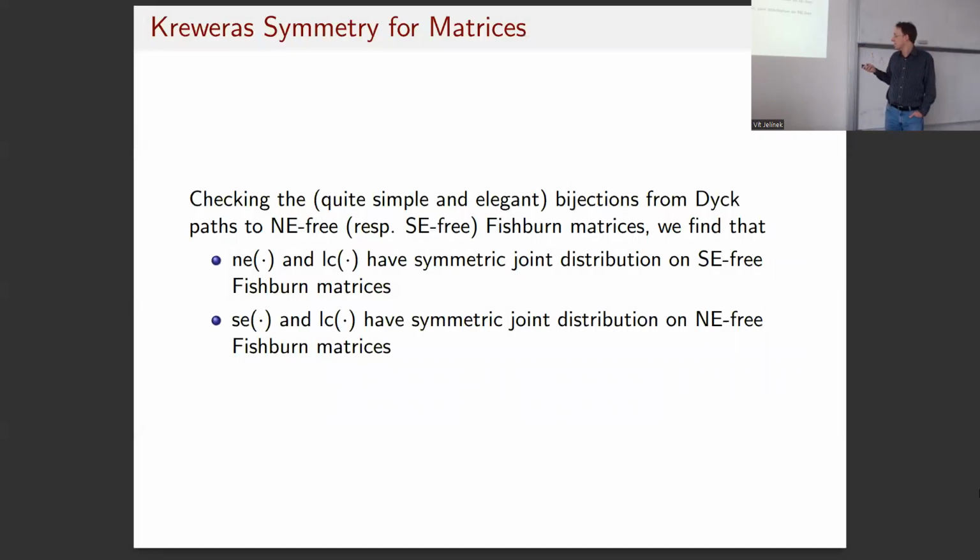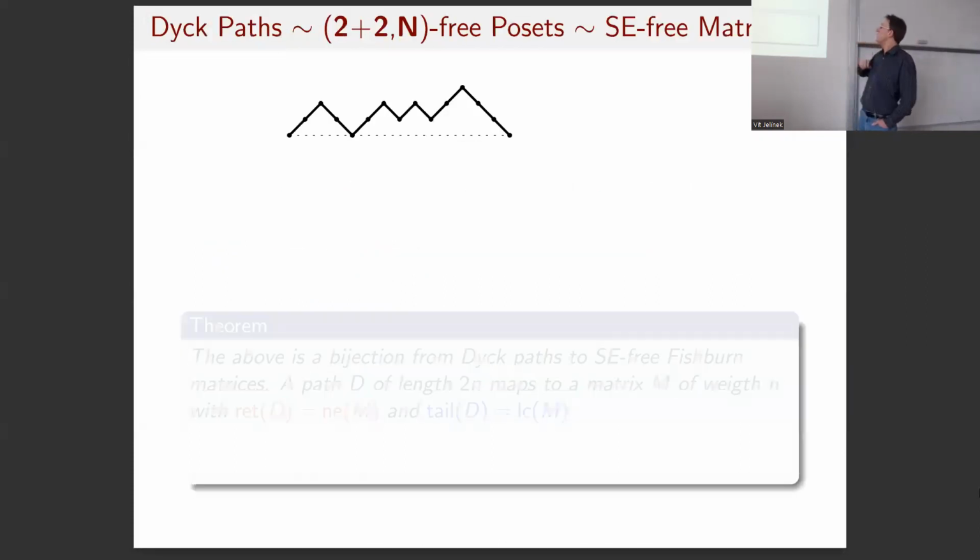And similarly, if you biject from Dyck paths to northeast free Fishburn matrices, then the returns and tails will translate into southeast extremes and last column weight. Let me give you the picture.